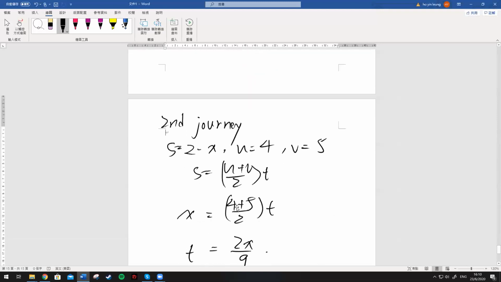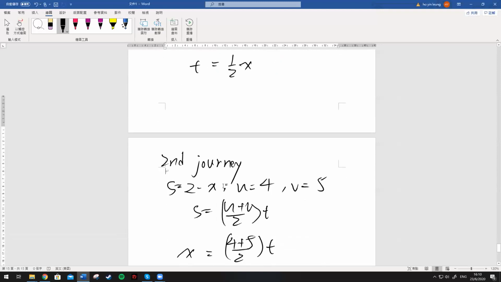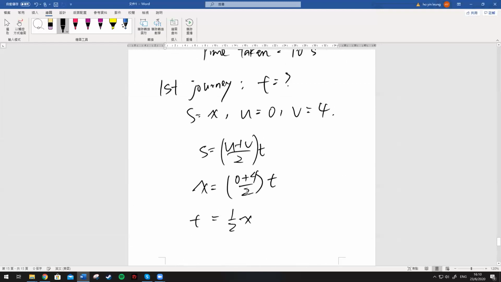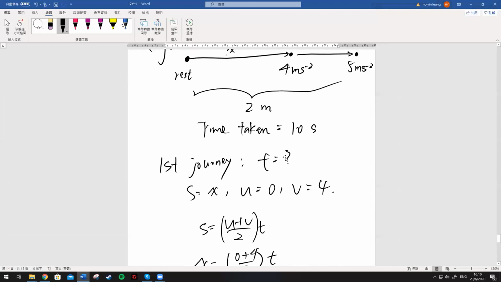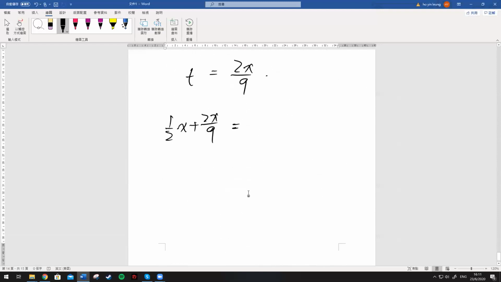So now we have found the time for the two journeys. The total time should be a half x plus 2x over 9, and that's equal to this time here, which is 10.